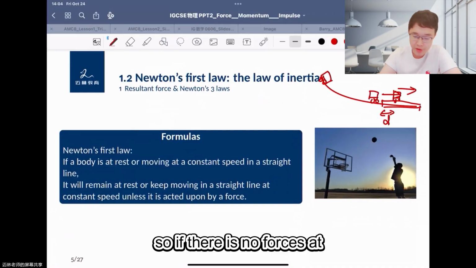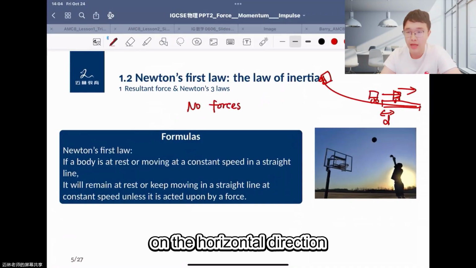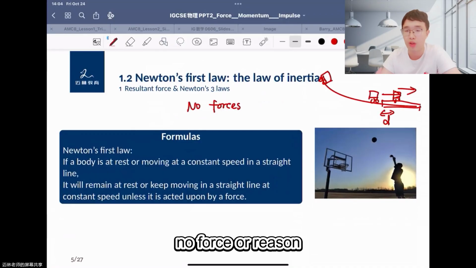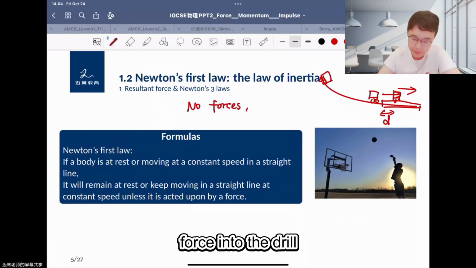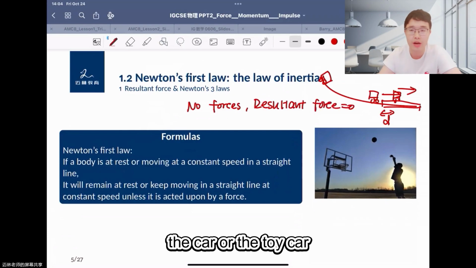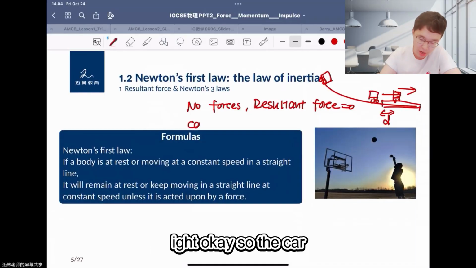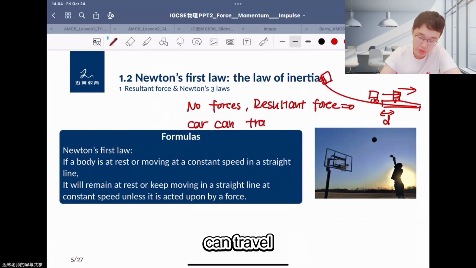So if there is no force acting on the car, or you can say in the horizontal direction there is no force, or the resultant force equals zero, the toy car can travel a very far distance, right?